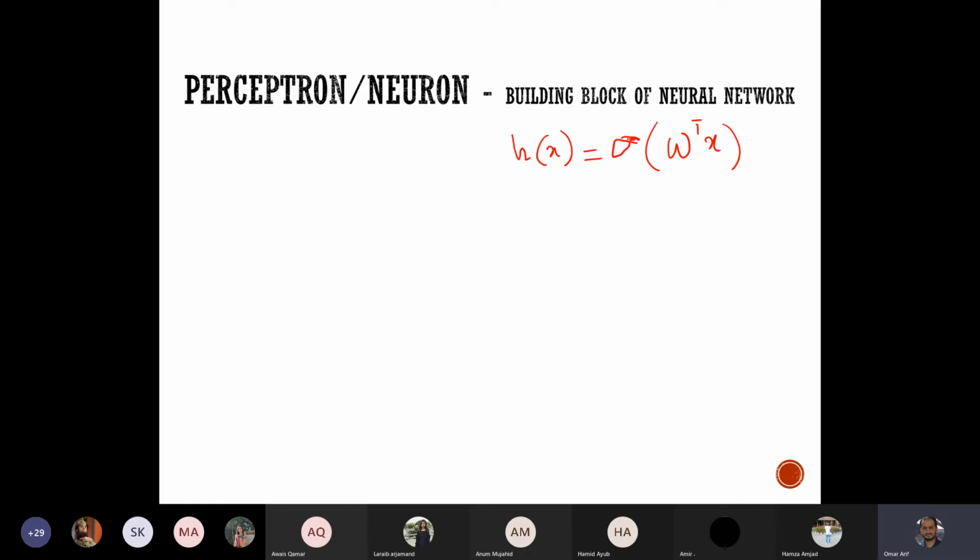So I applied the sigmoid function to this W transpose X. And the second thing is this change of notation. We have been using theta to represent parameters, but in artificial neural network we mostly use W to represent weights. So we use W to represent the parameters of the model. You can use either of those, but I'm going to use W in this lecture.